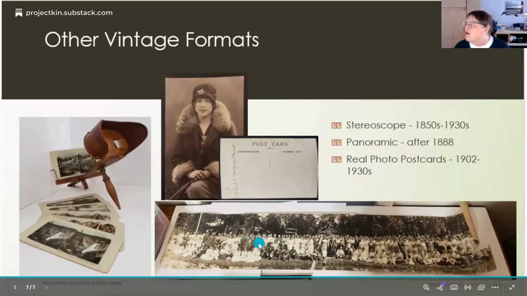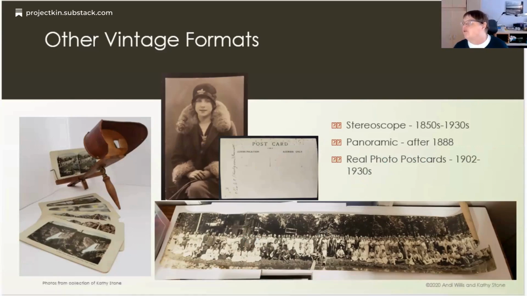Then panoramic photos started to become popular after about 1888. This particular one is between 3 and 4 feet long. I'm looking for ideas. My best suggestion was to frame it with photo-safe museum glass. It came to me rolled up and I had to unroll it, and there's a whole process to unroll photos, which took a long time.